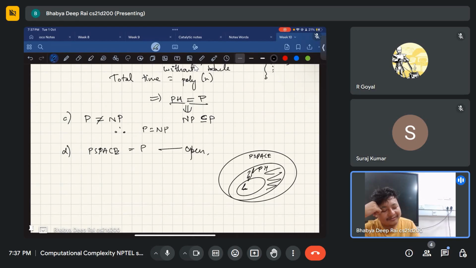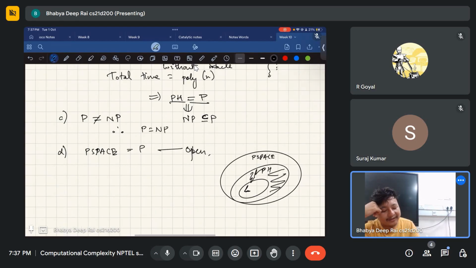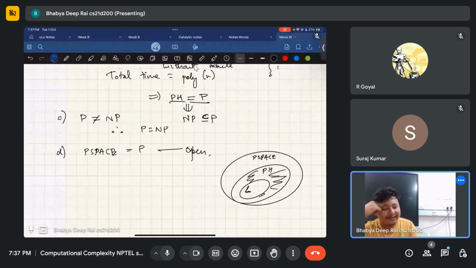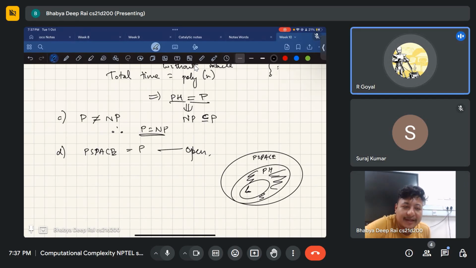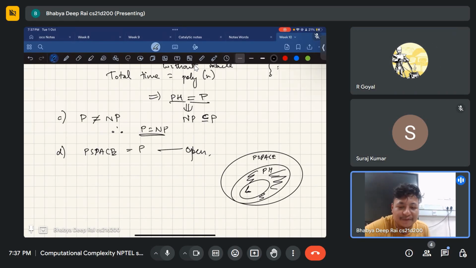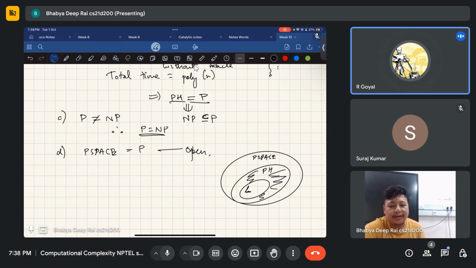L is not really getting affected by it, because the fact that P equals NP is not going to affect L. They are sitting very aloof from these classes. So it looks like it is unlikely that anything will be affected in these small classes.